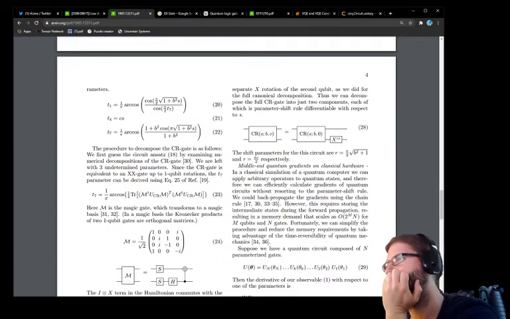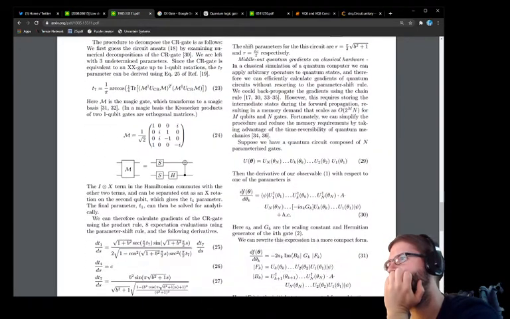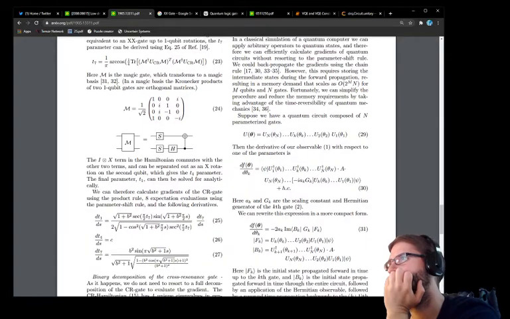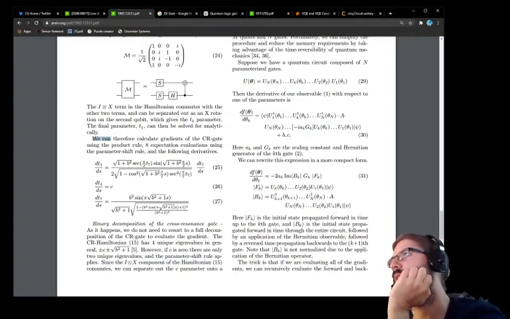Those are the derivatives. So we can therefore calculate gradients of the CR gate by using the product rule, and expectation evaluations using the parameter-shift rule and the following derivatives.